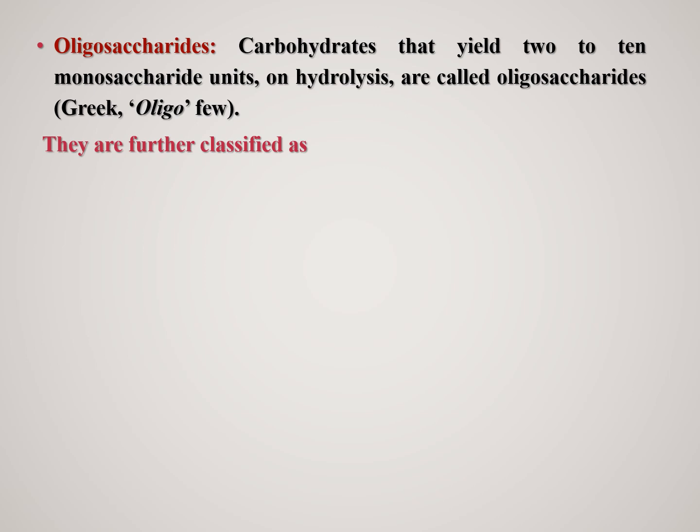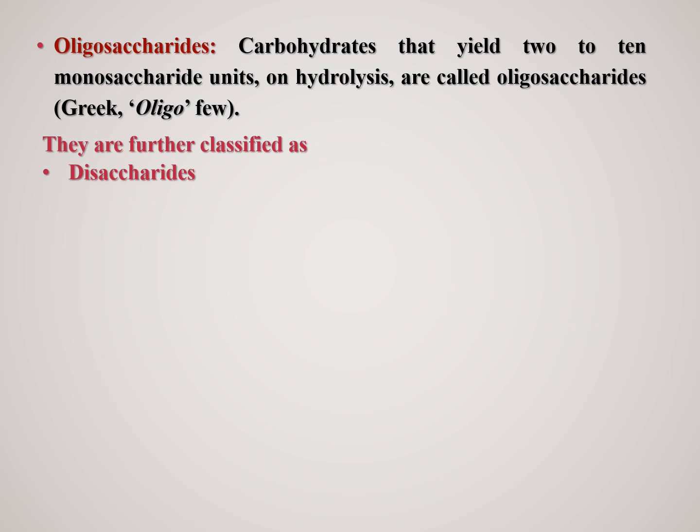Oligosaccharides are further classified depending on the number of monosaccharide entities obtained from them due to hydrolysis. The first one is called disaccharides.